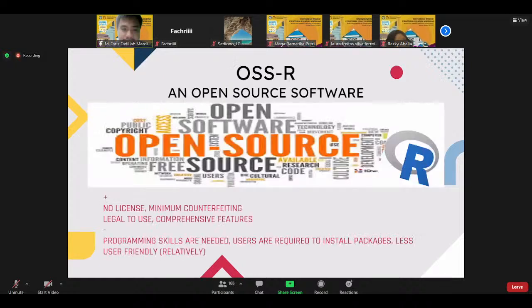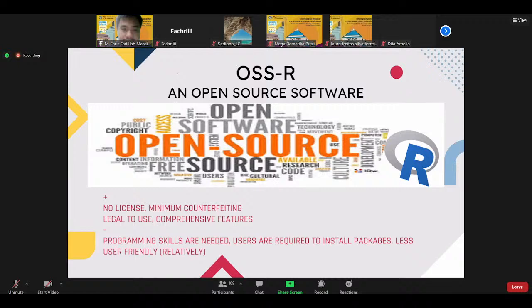Okay, in this case, we use the open source software R. Why do we use open source software R? Because the strengths or benefits are no license, minimum cost, and comprehensive, complete features. With R, you can do analysis such as structural equation modeling, path analysis, confirmatory factor analysis, and variance-based structural equation modeling or SEM-PLS.